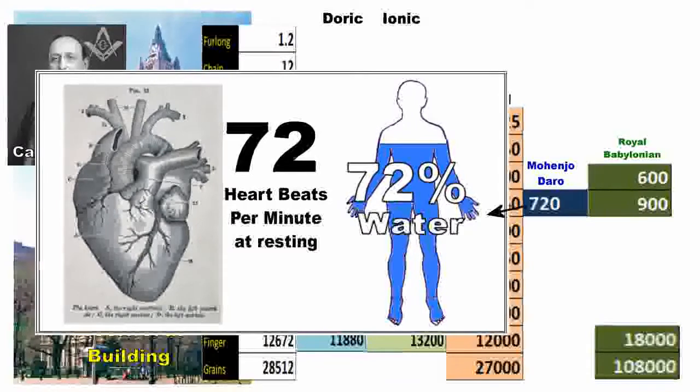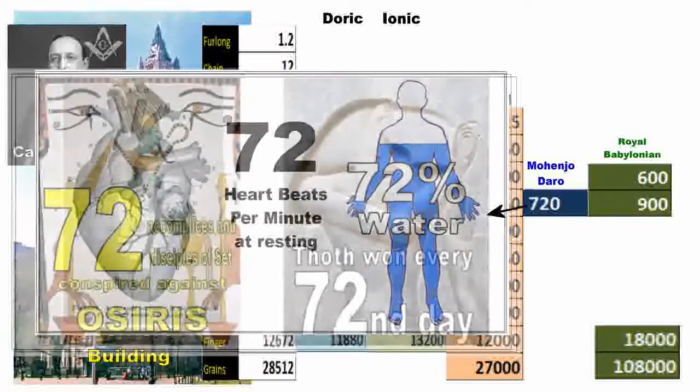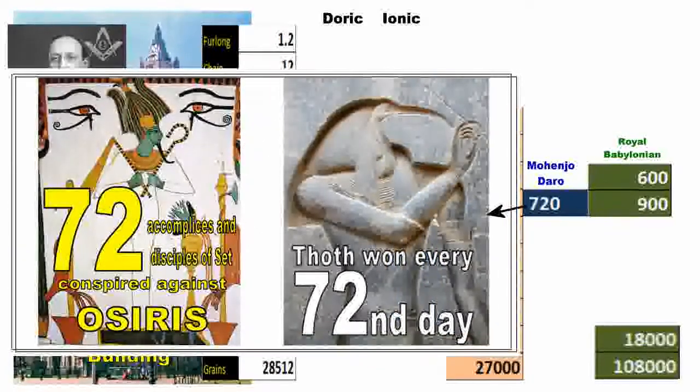72% of the human body is water, while in ancient legends, for instance in Egyptian, Osiris was murdered by Set, and he had 72 accomplices, so 73 in total, which is a nice connection. But also Thoth, or Hermes, or Mercury.